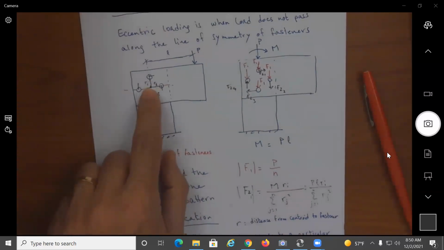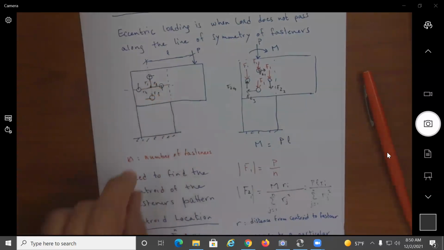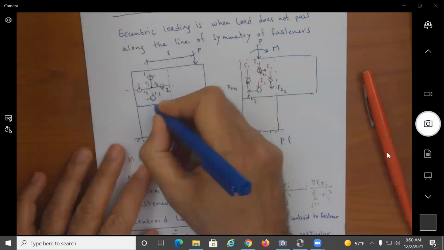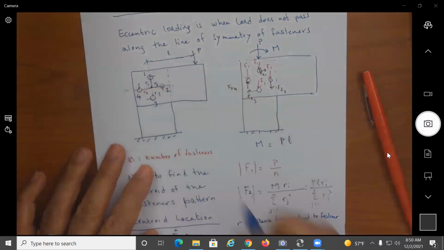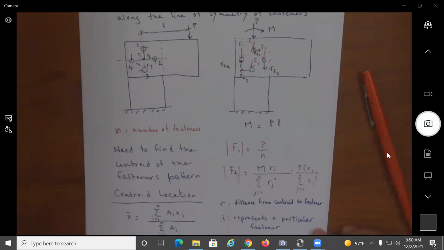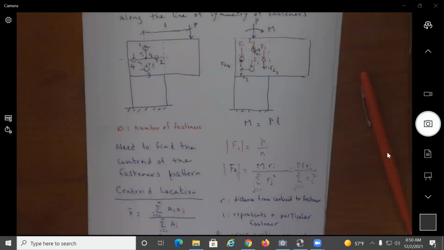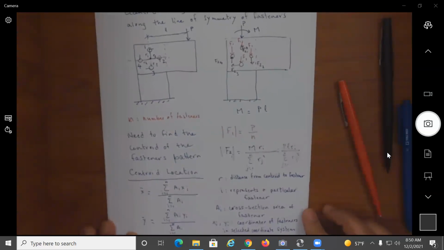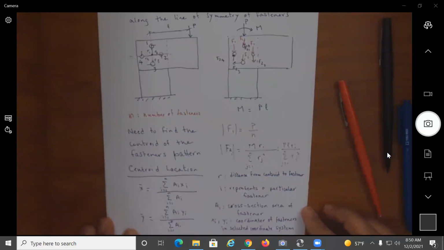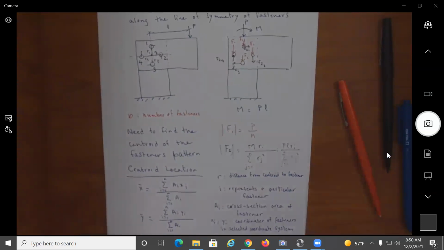You can see it here where I wrote R1, R2, R3. And maybe I should specify that this is fastener 1, 2, 3, and 4. So this gives us a summary of how we are going to approach shear joints with eccentric loading.